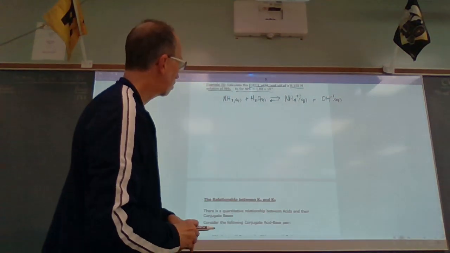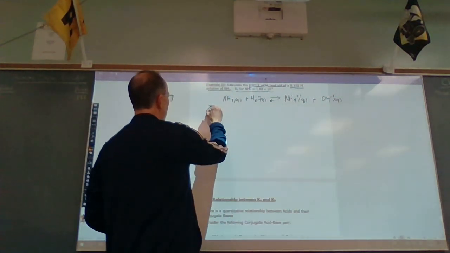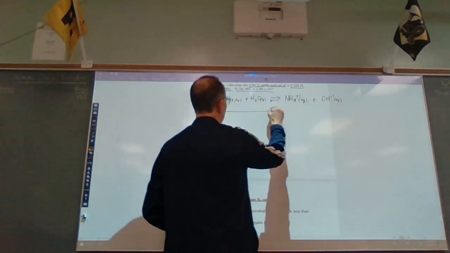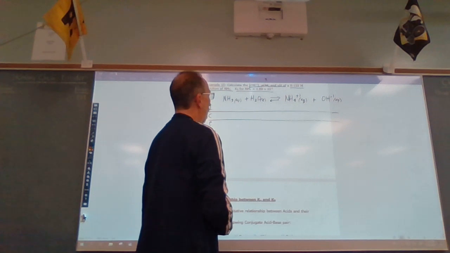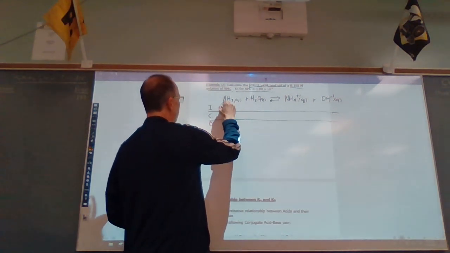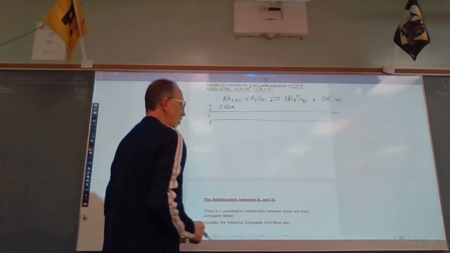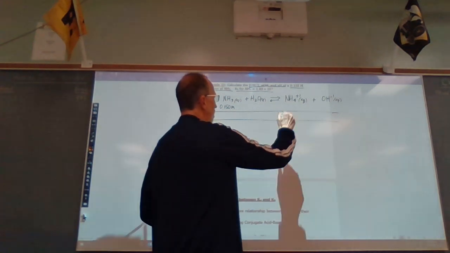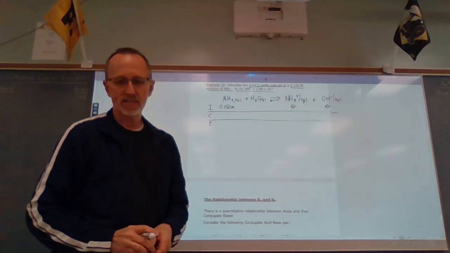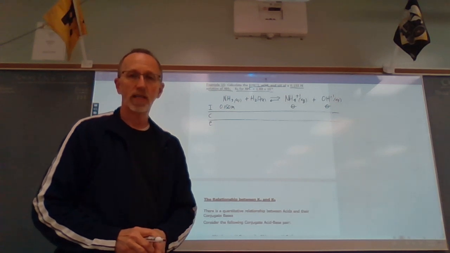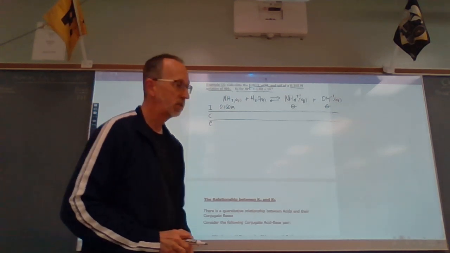Okay, so we'll set up a nice chart here. We have a 0.150 molar solution of ammonia initially. These, of course, are 0. Water does not play a role in the K calculation.